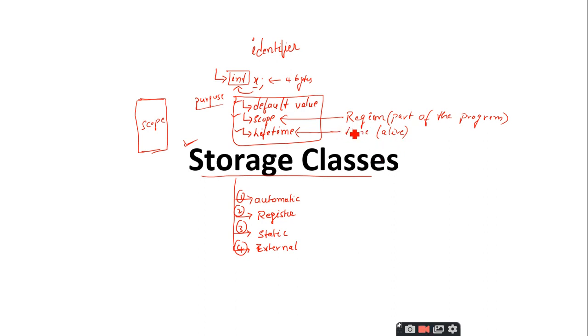So just remember these two terms regarding scope and lifetime. Scope specifies the region and lifetime specifies the time period. So let us move our discussion to the storage classes.